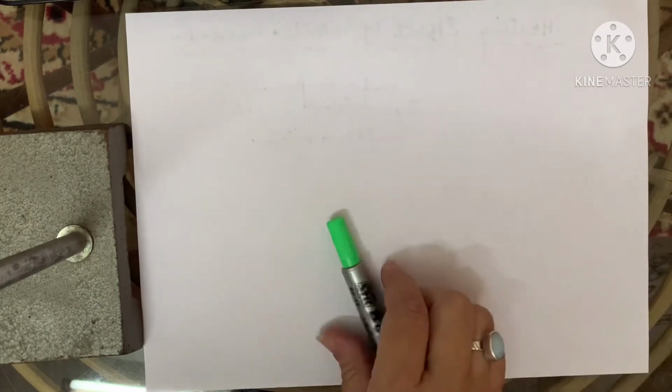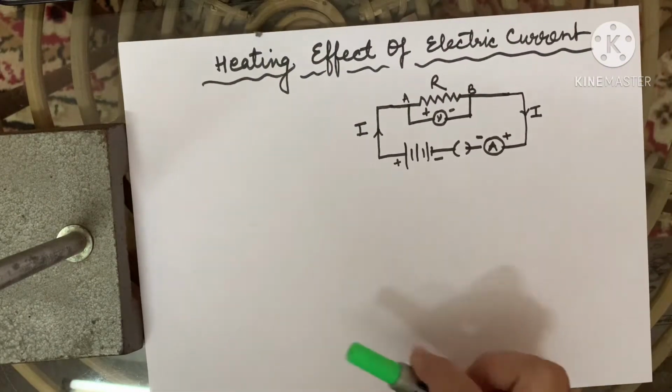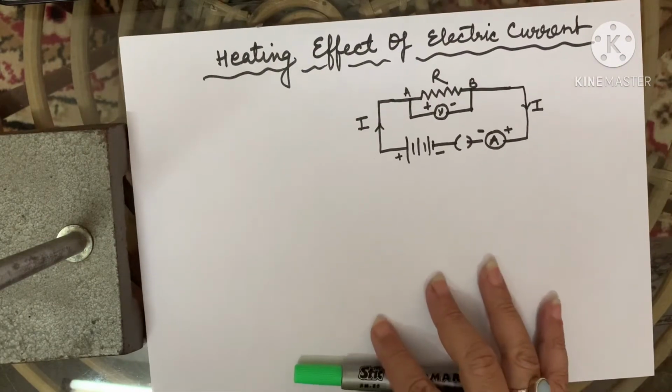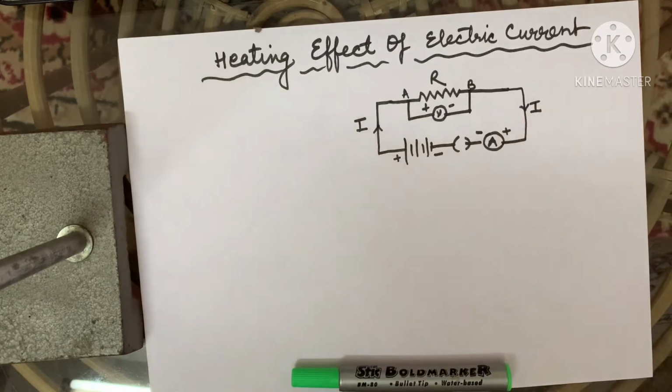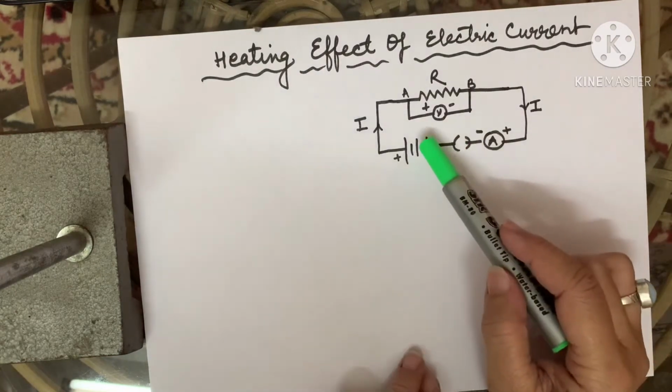Now today we will be deriving the formula for calculating the heat energy of the electrical appliance, also known as the heating effect of electric current. Imagine this circuit diagram.